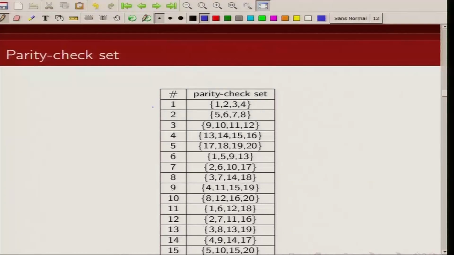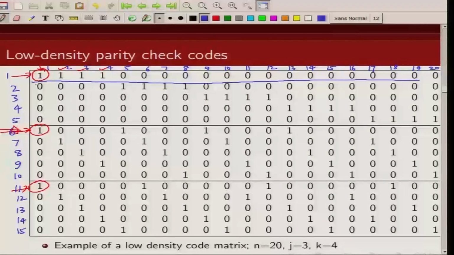So, let us look at the parity check sets. Let us first look at the first parity check set, which corresponds to the first row. Note here bits number 1, 2, 3 and 4 are participating in the parity check equation.